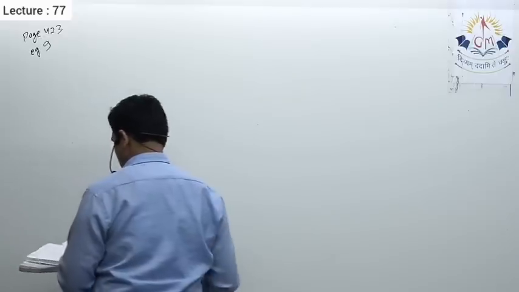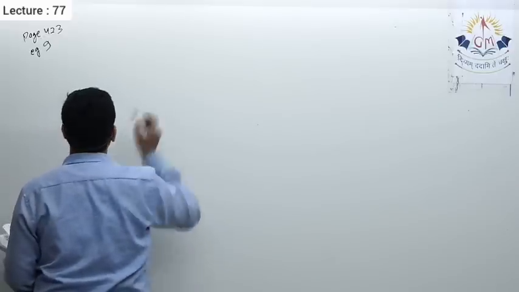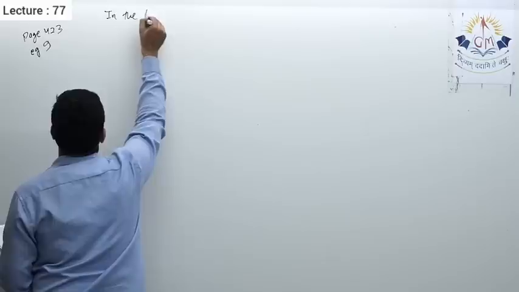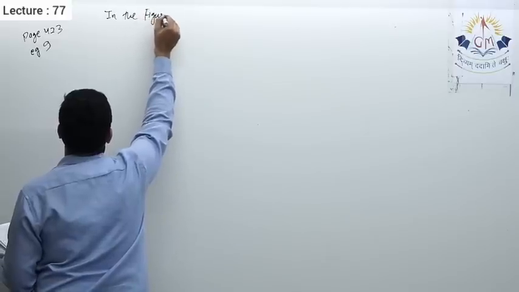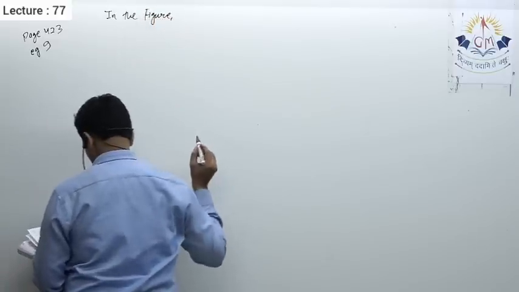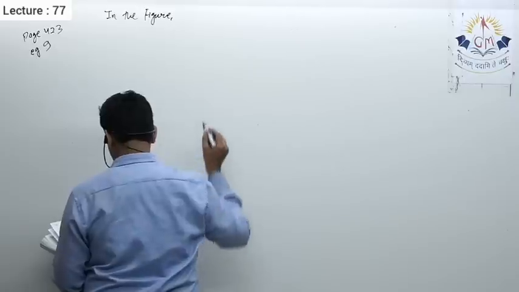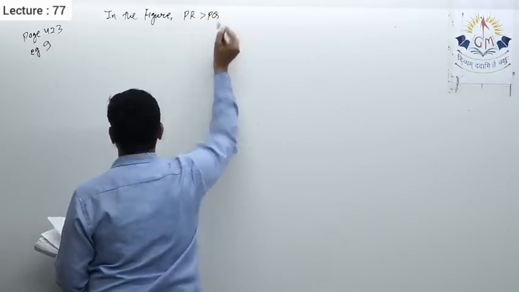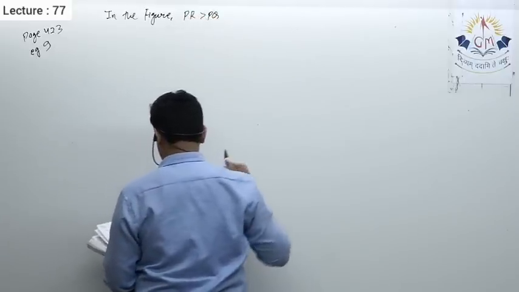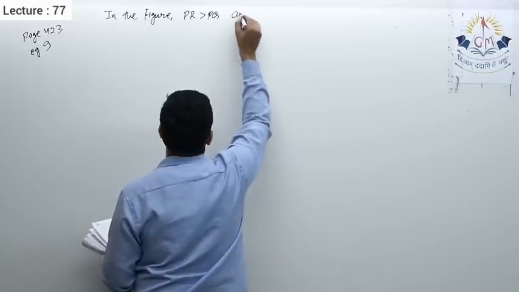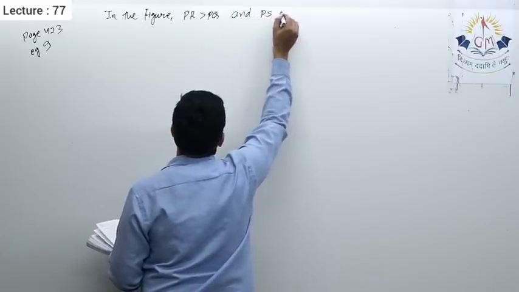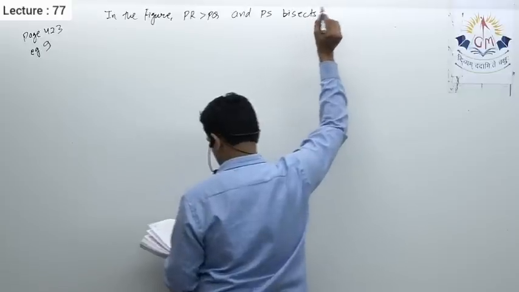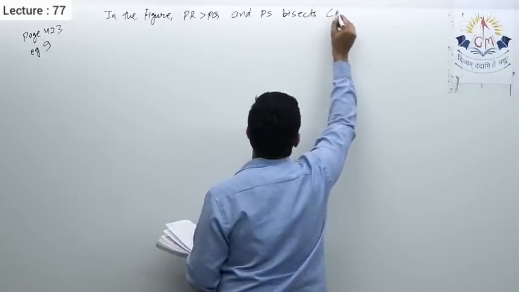Okay. Question is, in the figure PR is greater than PQ, and PS bisects angle QPR.